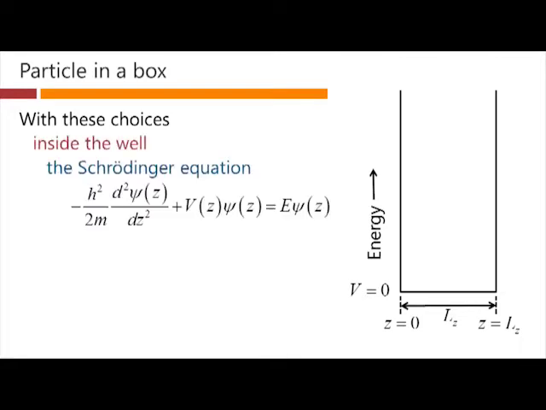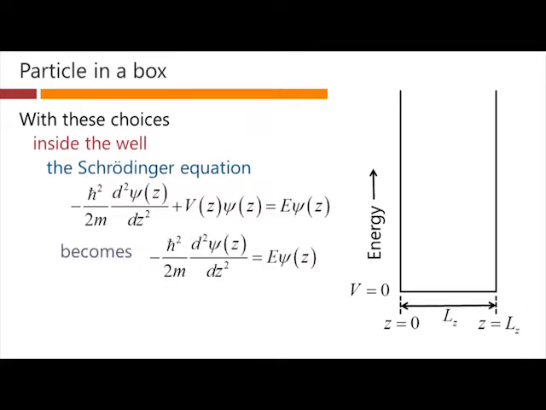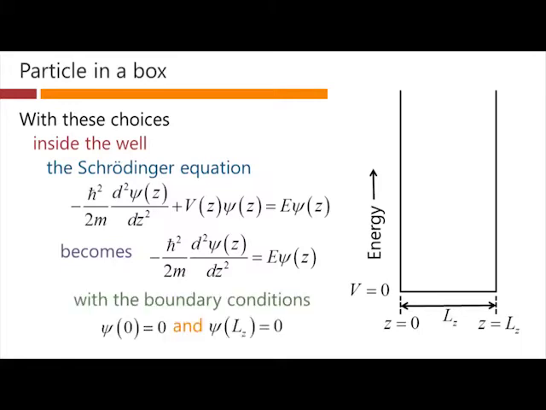So with these choices inside the well, that is inside here, our Schrödinger equation is going to simplify a bit because the potential V we've chosen to be 0 in there. And so the equation becomes a simpler version here, with the boundary conditions that psi of 0, that is at this point here, is going to be 0, and psi of Lz, that is at this point here, is going to be 0.